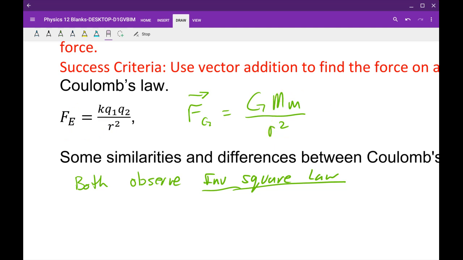All right, so now that that's all sort of discussed, what are some differences? Well, honestly speaking, the only difference between these 2 forces is that these 2 act on charges, and this one acts on masses. And so in order for you to experience an electrical force, you have to have a charge.